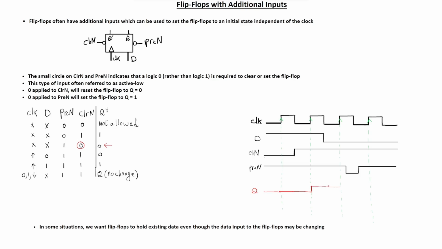Now we have a rising edge, so let's see what's going on. Now D is 0, clear N is 1, and the preset is 1. That means we have normal D flip-flop operation, so Q will be equal to D. D is 0, so the next state will go to 0.